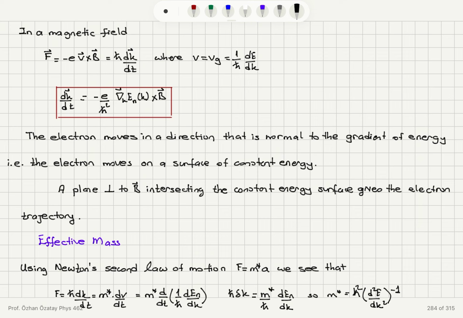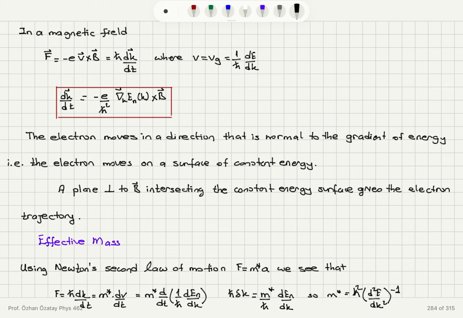A plane perpendicular to the magnetic field intersecting the constant energy surface will give us the electron trajectory. So it will move on this trajectory, which is perpendicular to the energy gradient and magnetic field, which is the constant energy surface intersecting the plane perpendicular to the magnetic field. That gives us the trajectory.